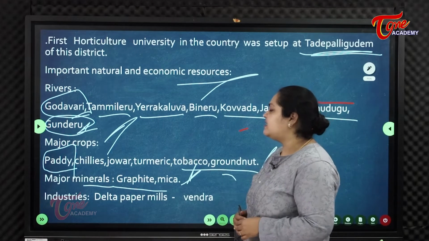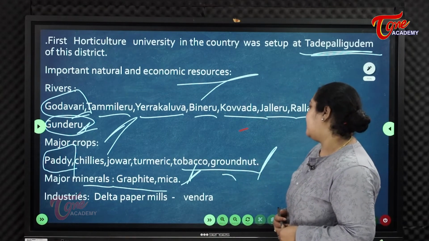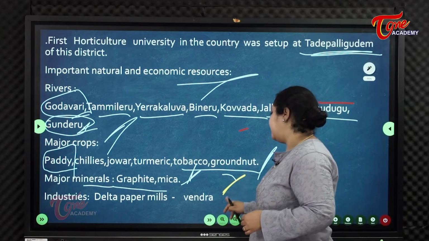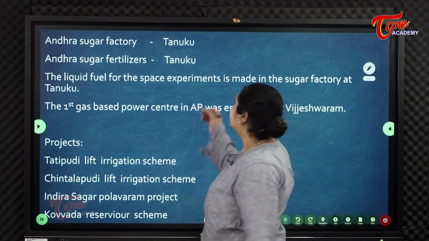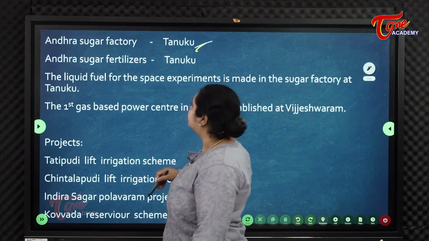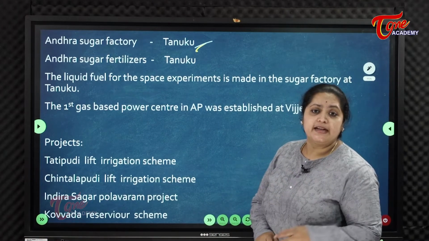Now coming to the industries. Major industries of this district: Delta Paper Mills in Vendra. Andhra Sugar Factory in Tanuku, and Andhra Sugar Fertilizers, also in Tanuku.